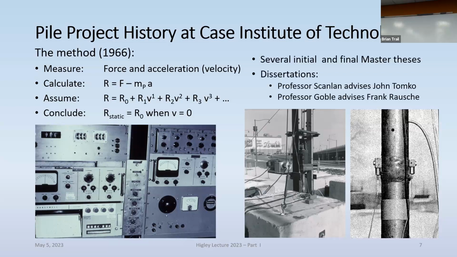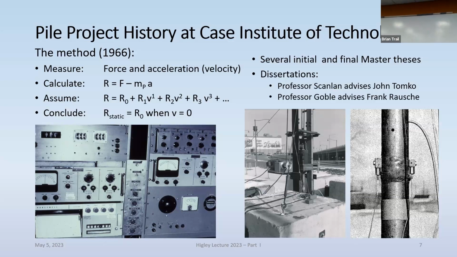So we had to not only, of course, measure things, we had to also work on that method, the resistance method. Now we measured the force too, so our resistance formula became force minus mass times acceleration, again, pure Newton. And then we had to assume a soil model. In that case, you do mathematical series.